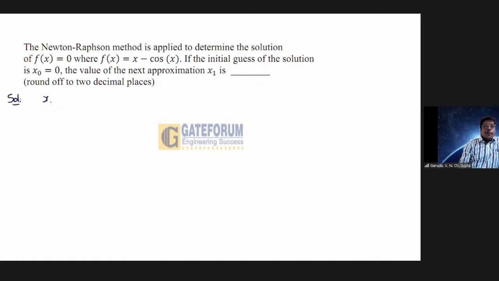So the initial approximation x0 is equal to 0. f(x) is given as x minus cos x. So we are using the Newton-Raphson method. The first step, find its derivative f'(x): the derivative of x is 1, the derivative of cos x is minus sin x with respect to x. Now find f(x0) and f'(x0).